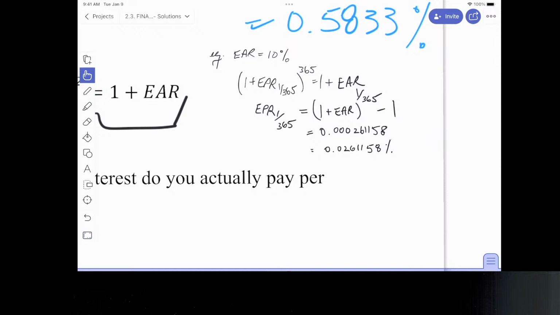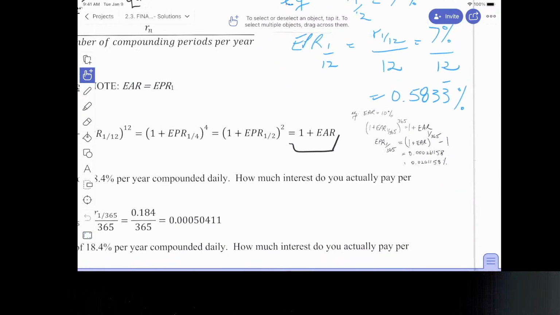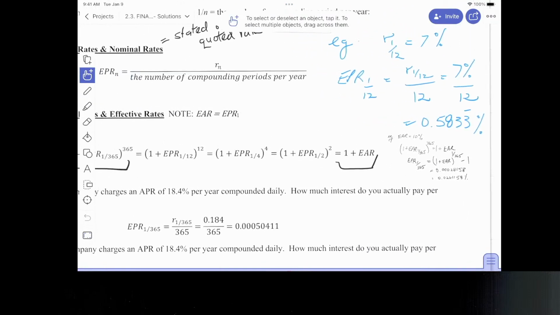Now, where does continuous compounding come into play? Where does continuous compounding come into play?